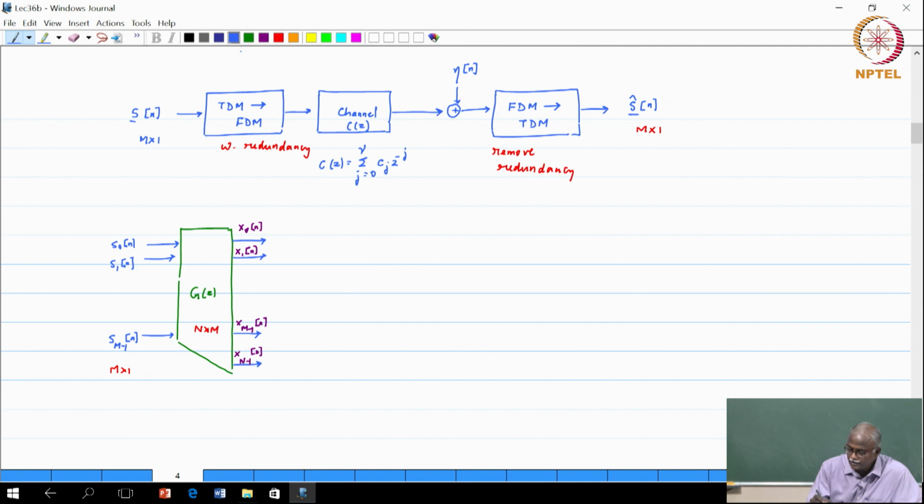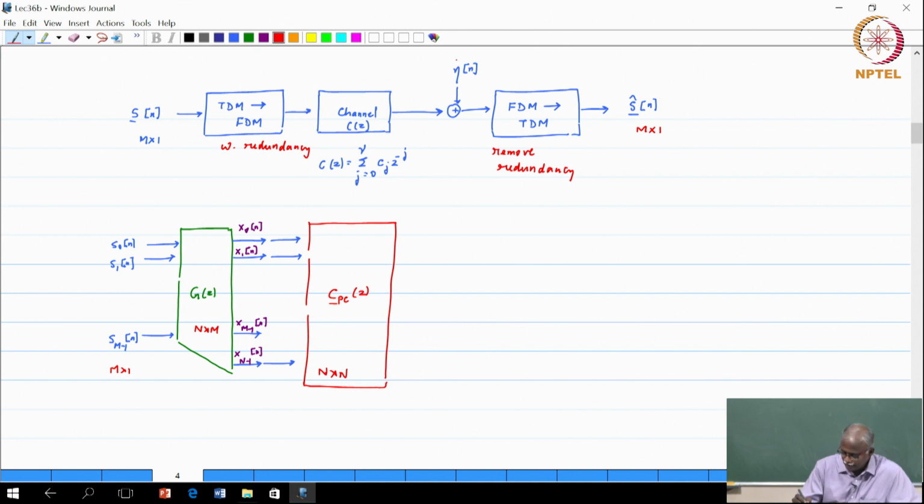These signals pass through the channel, and through the results from multirate signal processing, we have shown that this can actually be drawn in the following way. It can be a pseudo-circulant matrix of dimension N cross N. So, this is C PC of z, the pseudo-circulant matrix.